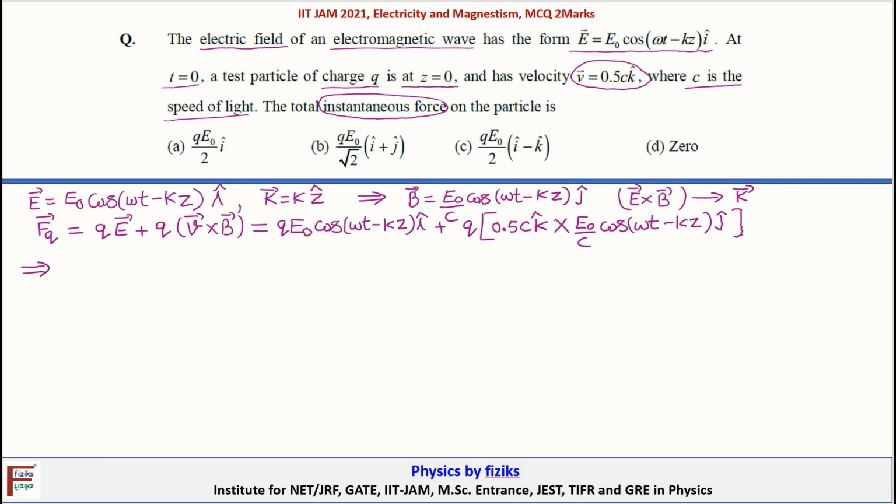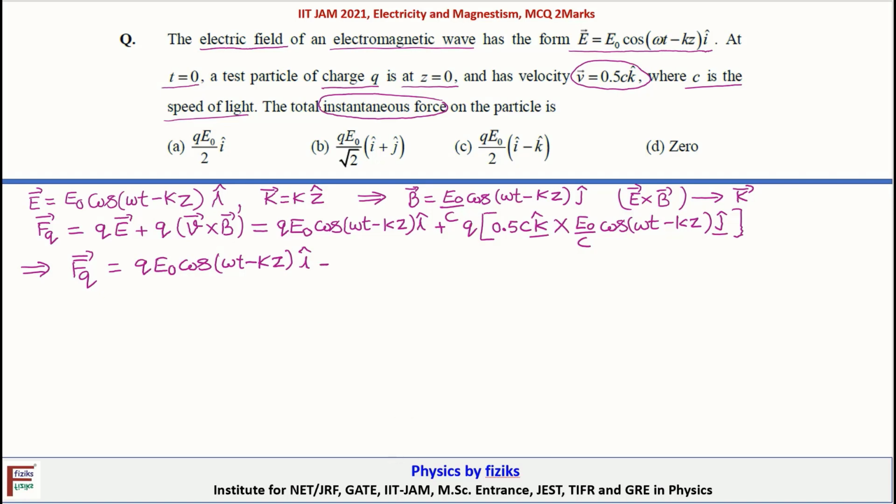So this will give you the force as Q E naught cos omega t minus kz I cap. Now 0.5 is half and k cap cross j cap is minus I cap.